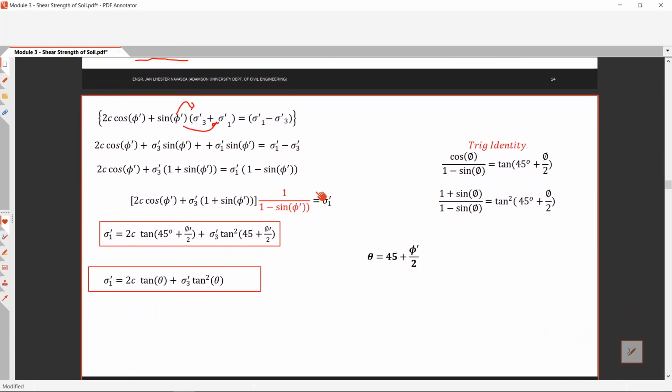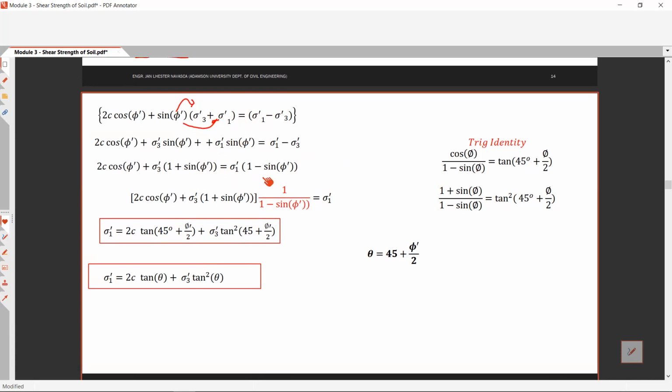Okay, so solving for sigma prime 1 or rearranging, papagsamahin lang natin yung may sigma prime 3 and sigma prime 1. So kung ipagsama mo to, ito ipunta mo sa kabila, yung sigma prime 3, then yung sigma prime 1 ipunta mo sa kabila. So then factoring out sigma prime 3 and sigma prime 1, you have this equation over here.